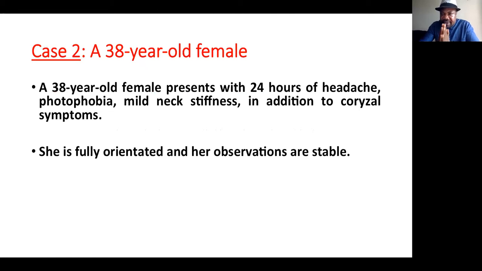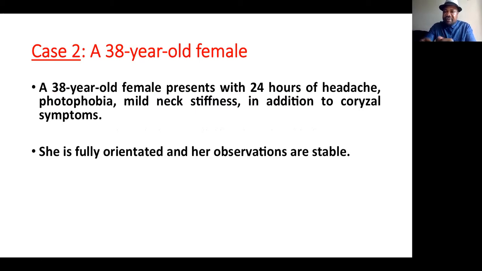So let's look at this second patient. This patient is a 38-year-old female who presents with a 24 hours history of headache, photophobia, and mild neck stiffness, in addition to coryzal symptoms.